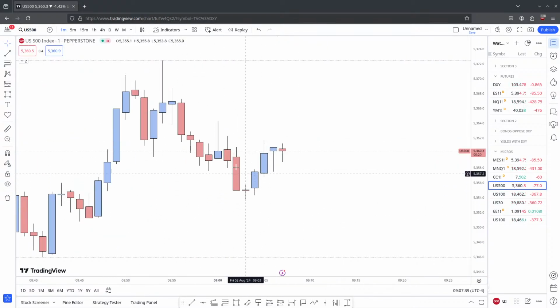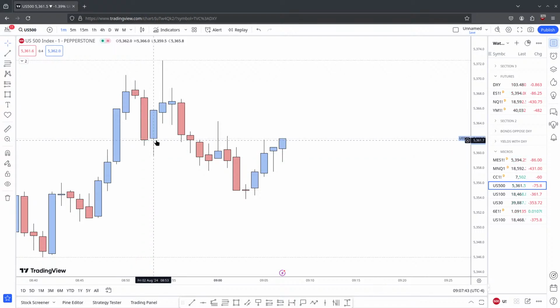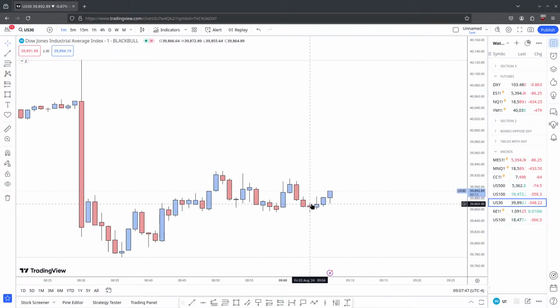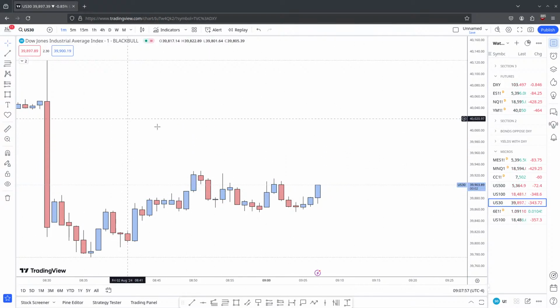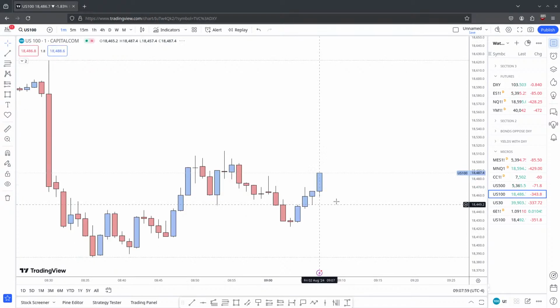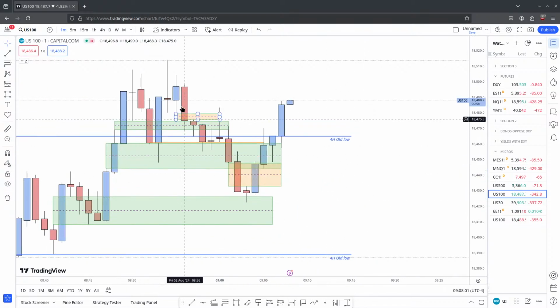US 500, just wanted to show you that chart. See that? US 30 sitting in a consolidation now. Gotta be very cautious here. I think we're just gonna keep on trading higher here. We're not gonna get that setup down lower.